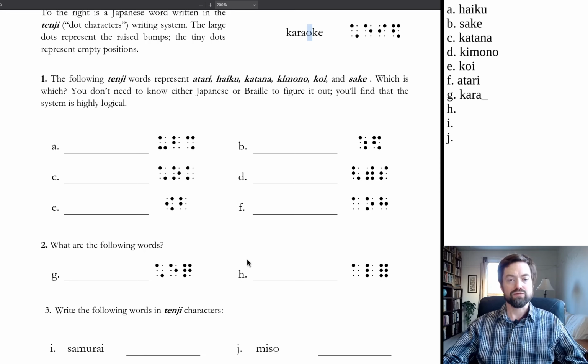Okay, so if we look for parts that match, we can try to find what the vowel is in each of these mystery sounds. Like here we see a. A by itself is a dot in the top left corner. Well, what's the a here for karaoke? Look, it's also a dot in the top left corner. Ra also has a dot in the top left corner.